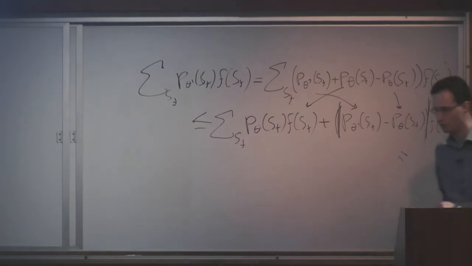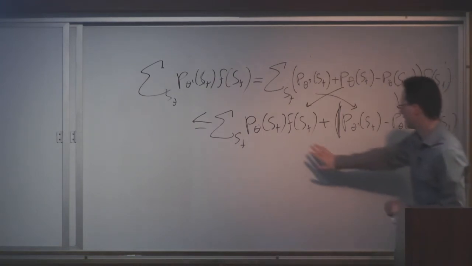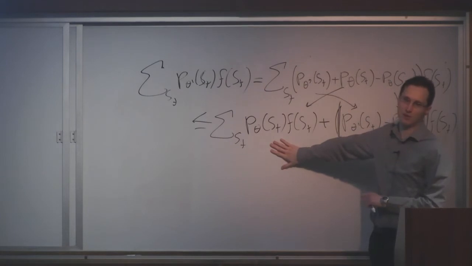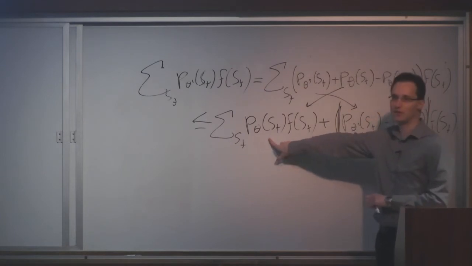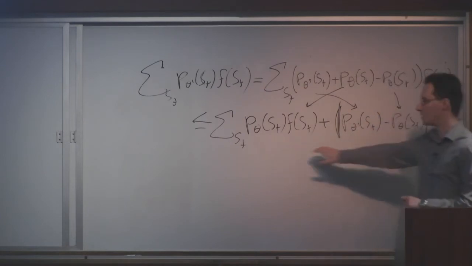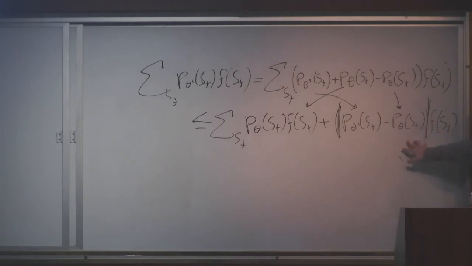And now we're almost there. So now we have this first term, which is an expectation of f of st under p theta of st. And then we have this other term, which looks like a little bit of a mess. Now, we'll take this f of st and we'll replace it with something that doesn't depend on st, specifically the largest value that it takes on.